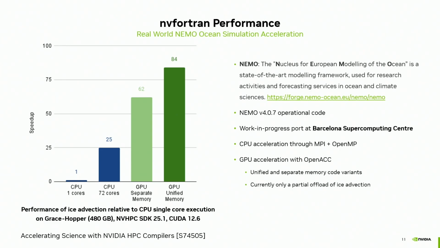And if you would like to hear and see more of a deep dive into just how NEMO was ported to Grace Hopper with unified memory and their use of STDPAR, as well as other HPC compiler acceleration techniques and details, please be sure to check out the talk listed below for Accelerating Science with our NVIDIA HPC compilers, which I believe is going to be on Friday. As a reference, I will have several on my slide notes for where you can see other talks to dive into some of the details that we won't have time to dive into today. This is just the first one that I'm calling out because it's pretty exciting.